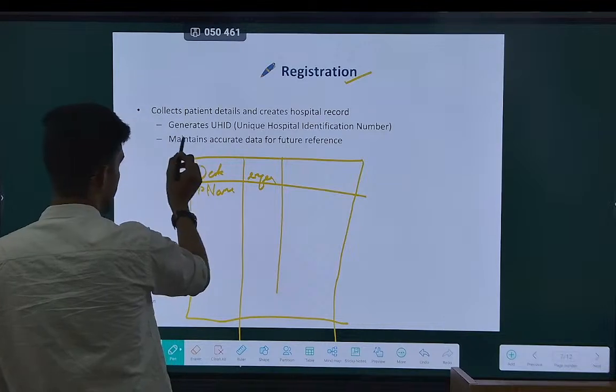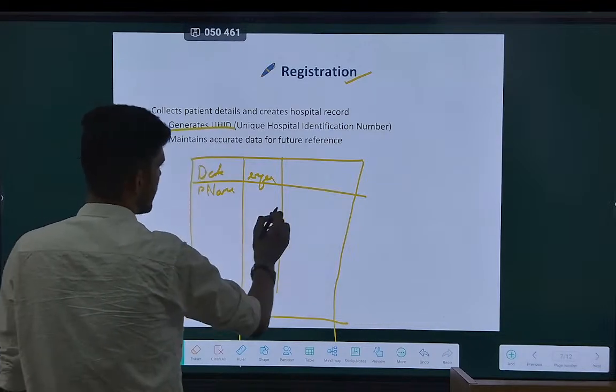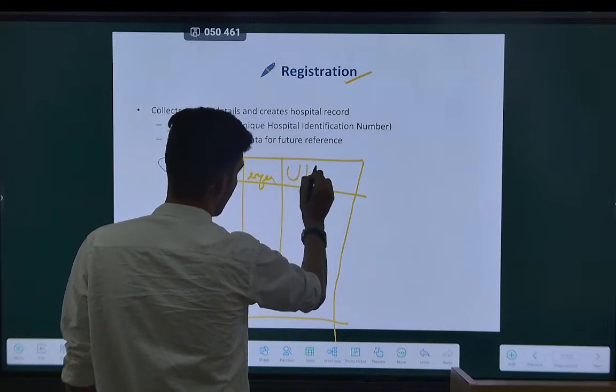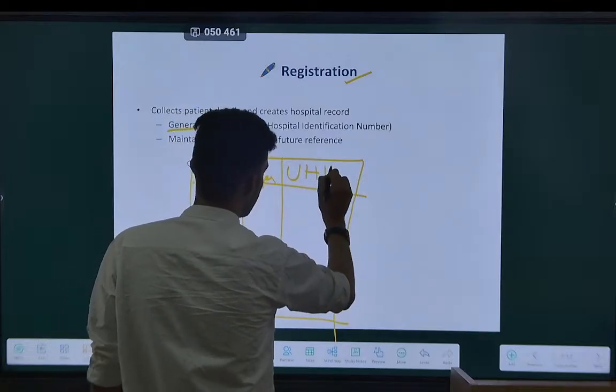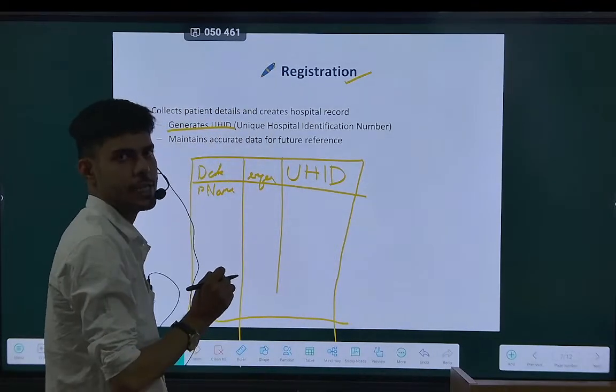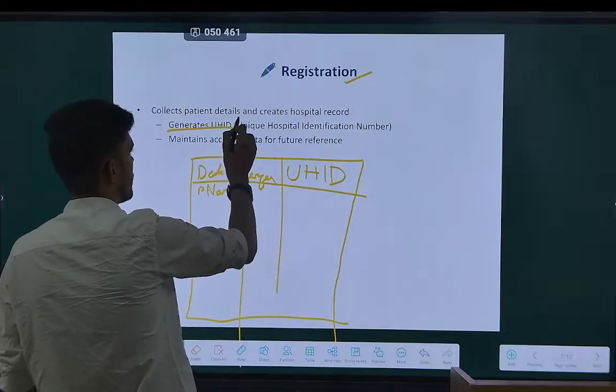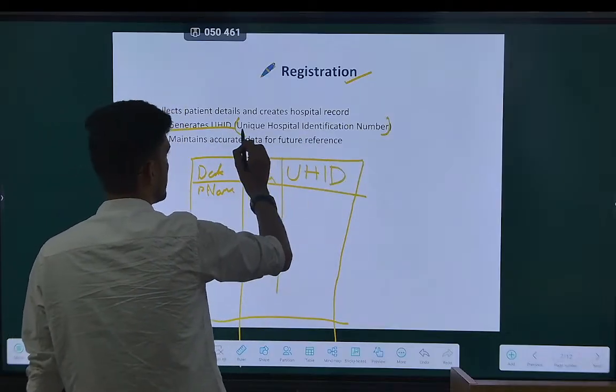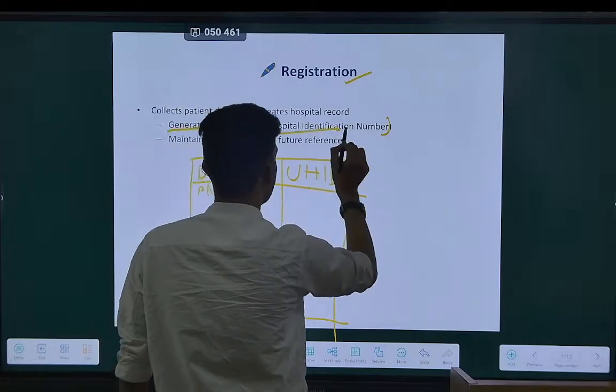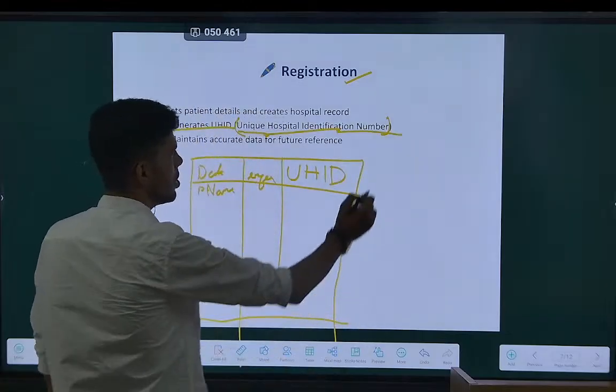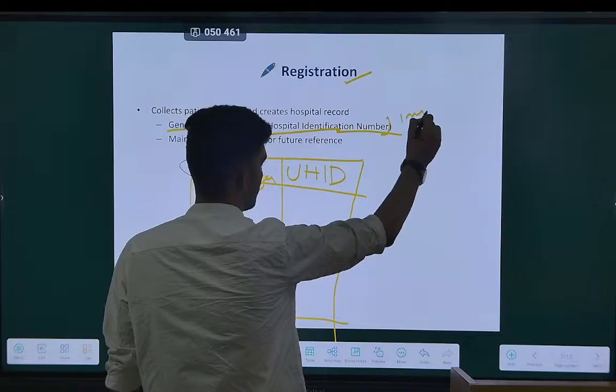And this is a very important thing, UHID. A hospital identifies patients not by name but by their IDs, the unique hospital identification number. This can come in the exam, so you must know this full form: unique hospital identification number.